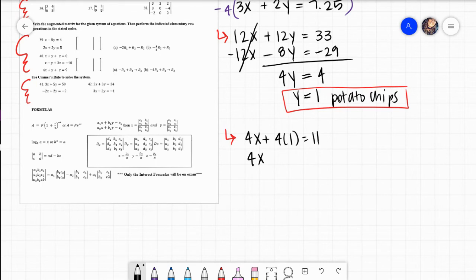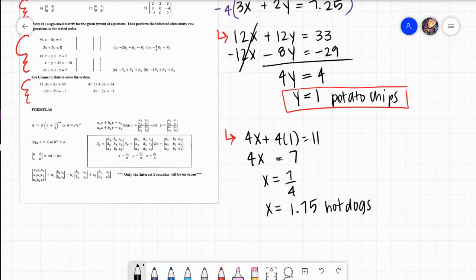I'm going to move that 4 over, and I would get a 7. Then I would divide both sides by 4, enter it into my calculator, and I would get 1.75, right? We put it in decimal form that way it looks more like money. And this right here would be the cost of our hot dogs.